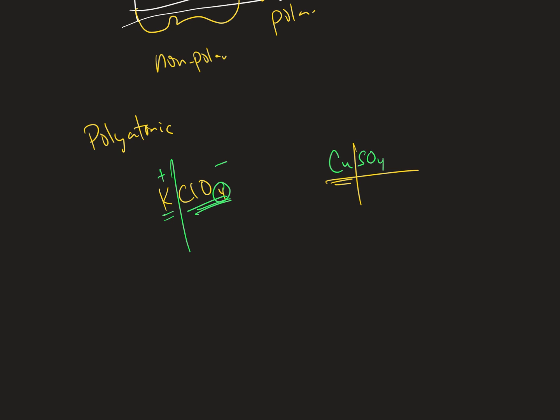So what do we do to figure out the charge of copper? We have to know the charge of the other ion. What's this other ion called? Sulfate. And what's the charge of sulfate? 2-, good. Or -2. And so what's the total charge of all of the anions put together?